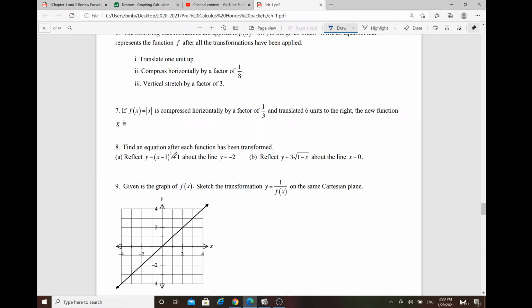Like this one here, you probably want to sketch the graph first to find out the new equation. Okay? So like this one, you want to sketch the graph for that function. Quadratic, so minus 1, 1 unit to the right, 1 unit up, so it's 1, 1. And then y equals negative 2, that's just the line of reflection.